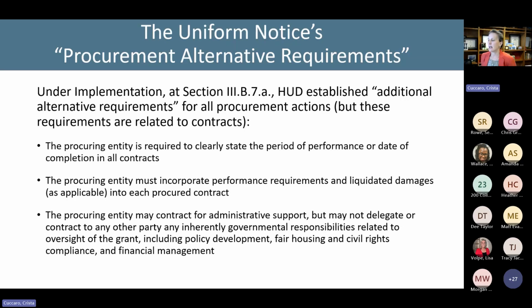What HUD replied is, no, you can still contract for those things like policy development, but you have to monitor those contractors and make sure that you are still taking responsibility for the decisions being made, right? So you can't just have a total handoff on these responsibilities. You can contract for assistance on these responsibilities, but not a total handoff, is the gist of that.